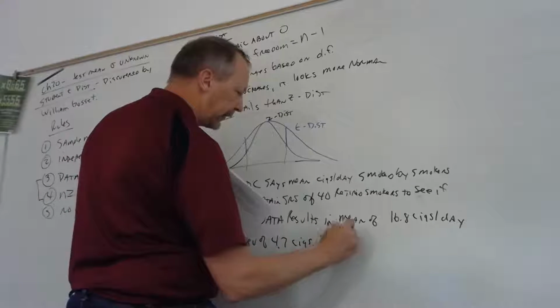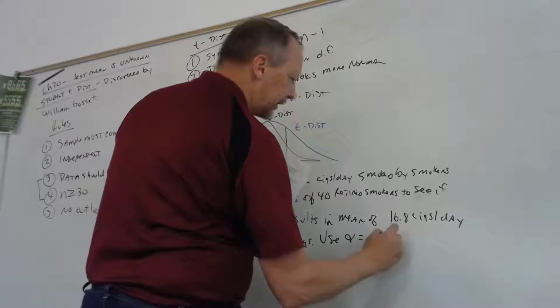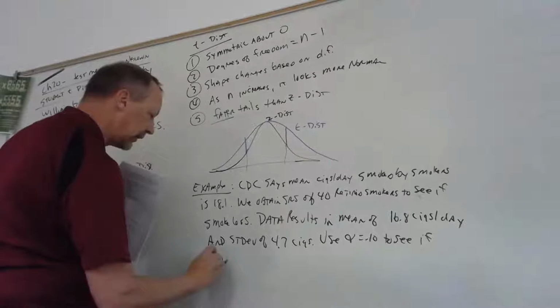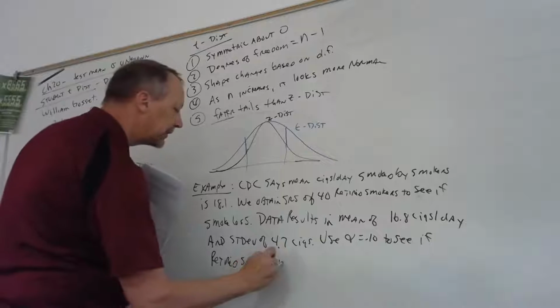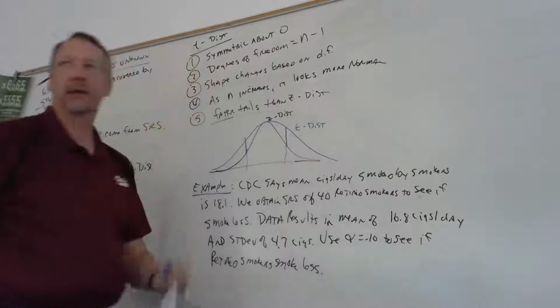Use alpha equal 0.10 to see if retired smokers smoke less. Okay?